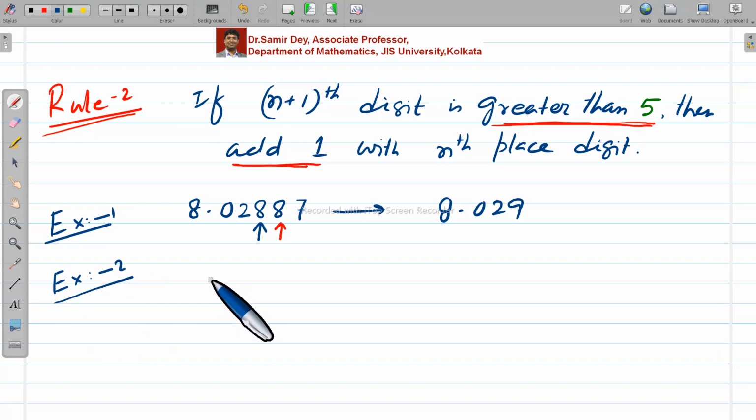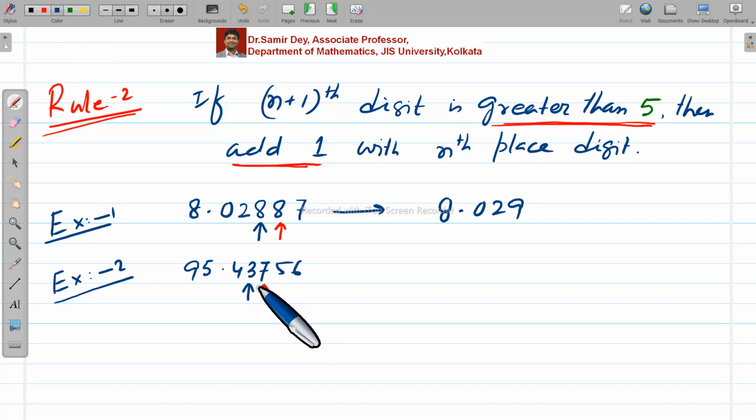Okay. Now, example number 2. Suppose you have 9543756. Now you want to round off up to this level. Then what about the next number? Your next number is this one.